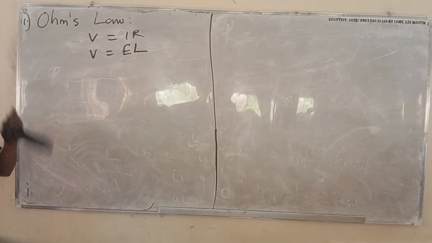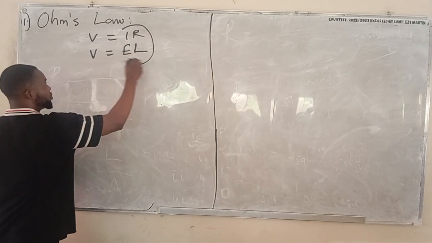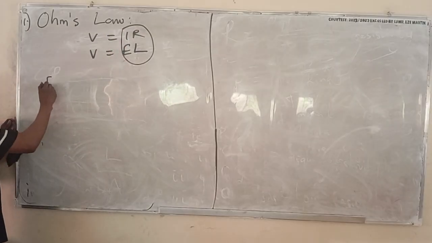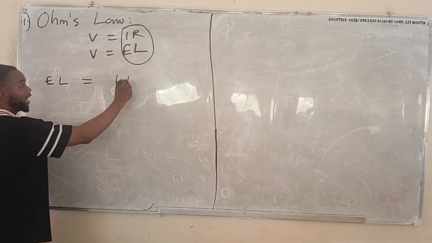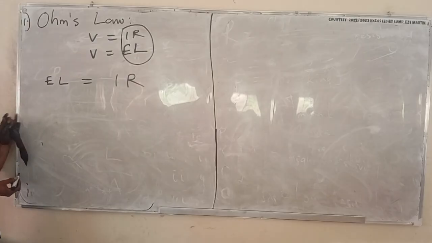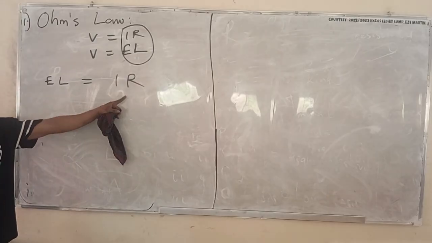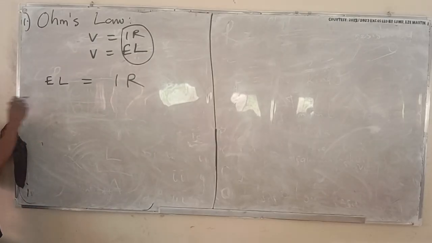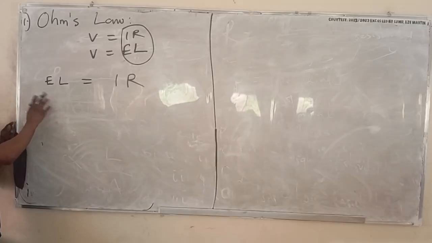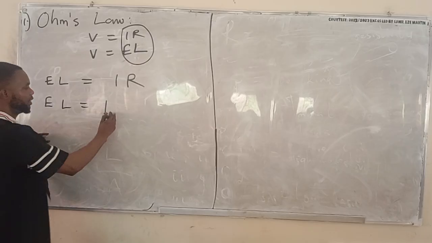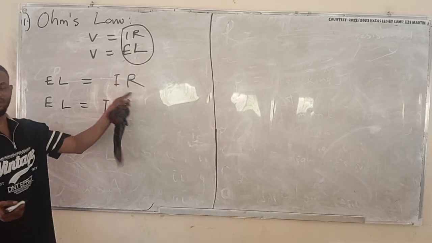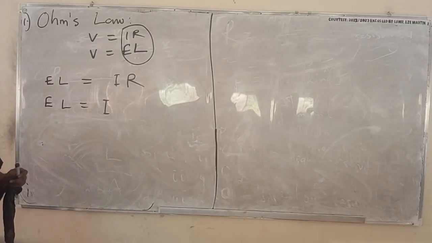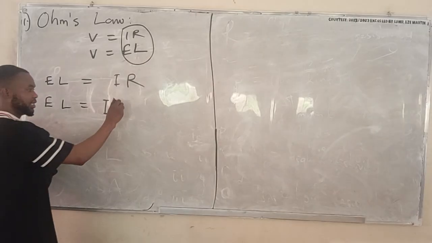L. So please equate these two, so that you now have EL equals IR. If you equate EL to IR, you will now see that making E subject of the formula, but before we do that, EL equals I. What is the value of R? Using that our resistance, practically what it depends on, that is resistance.